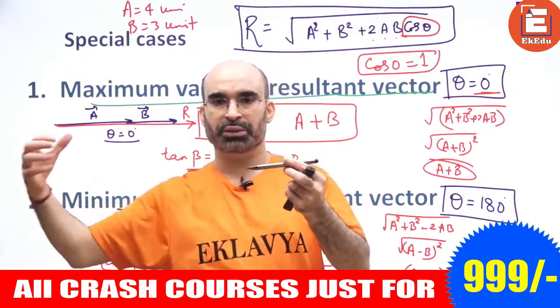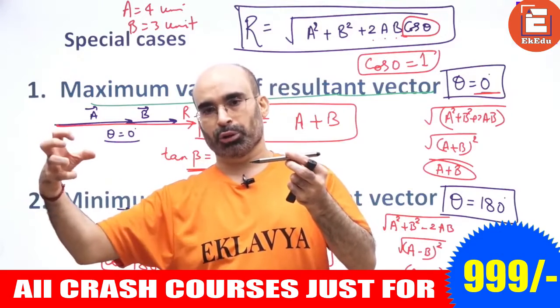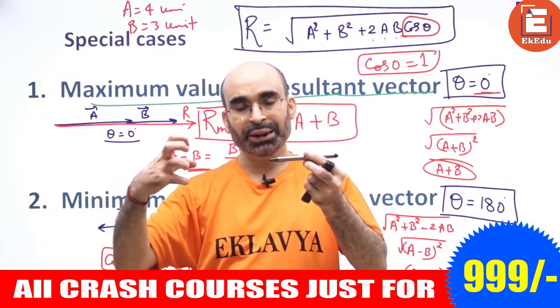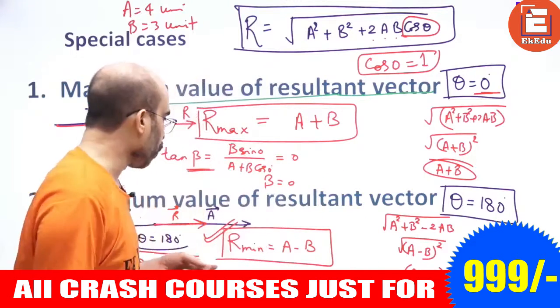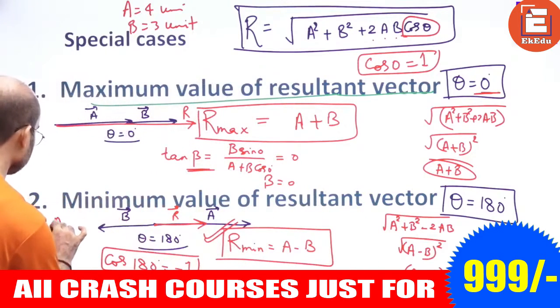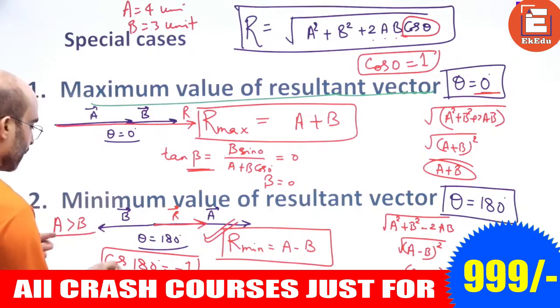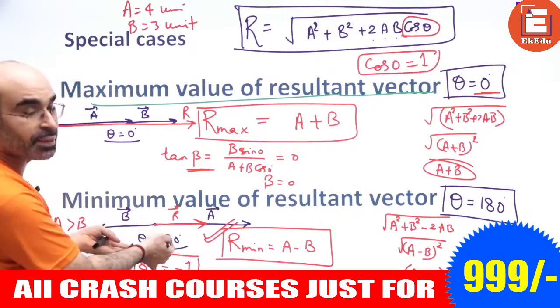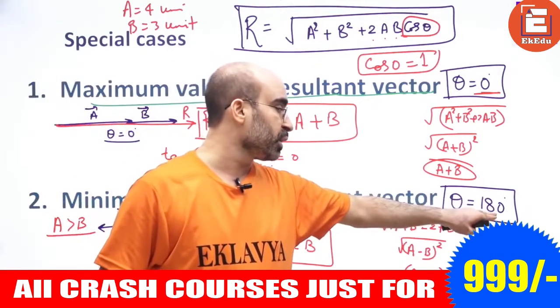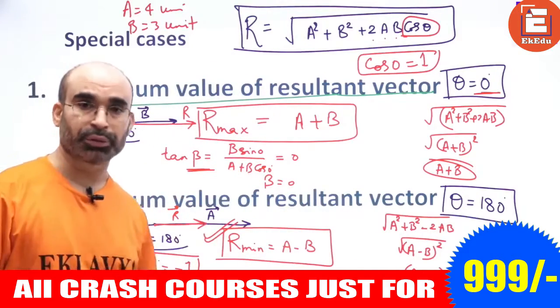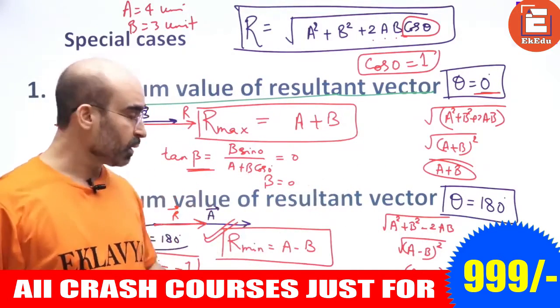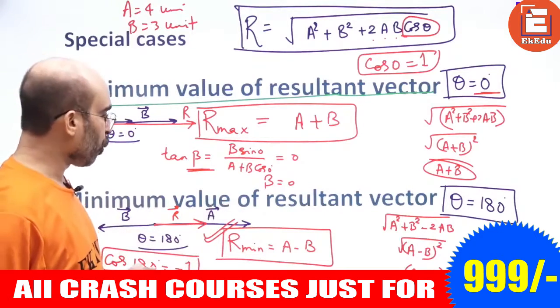So if vector A is greater than vector B, then when the angle between the two is 180 degree, the resultant vector will be along the direction of vector A. This is what we need to understand.